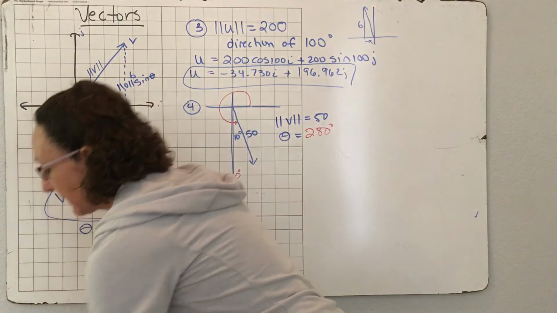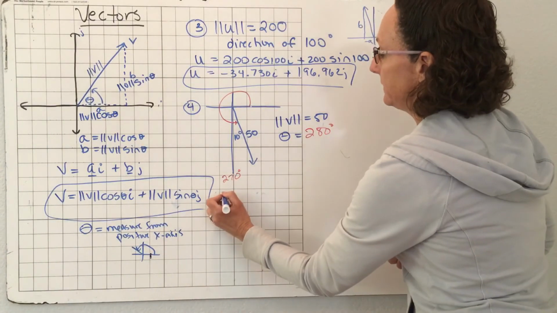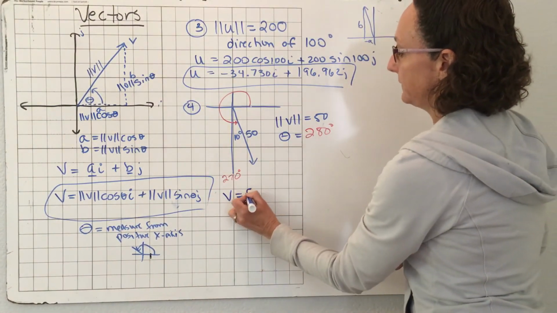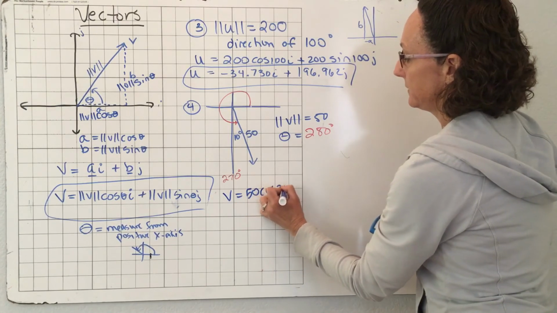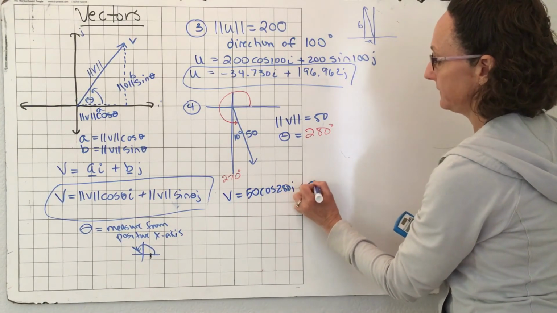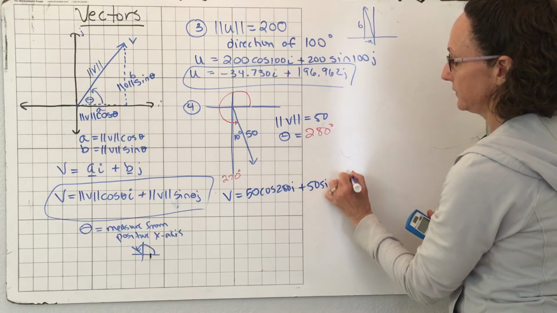All right, and then once you have all that figured out, again, you just type it in. So the vector equals 50 cosine 280 is the I component, and 50 sine 280 is the J component.